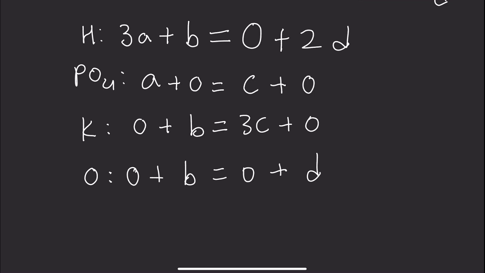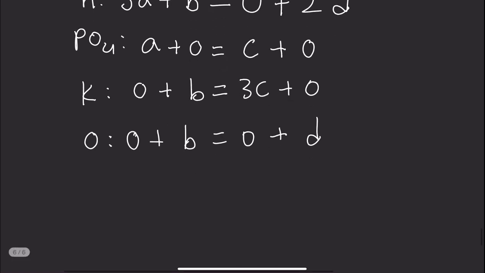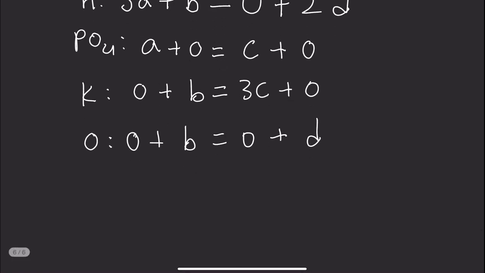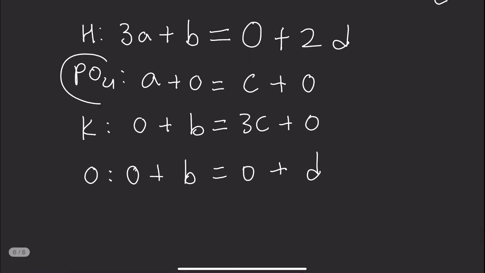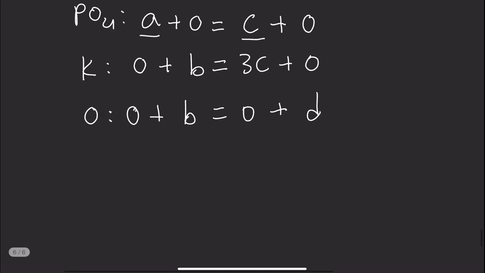We're gonna look at these as ratios and have them in terms of A. So it may be a bit confusing, but let's see. Let's look at the simplest one first, PO4. A is equal to C, right? So we consider A's coefficient is equal to C's coefficient.